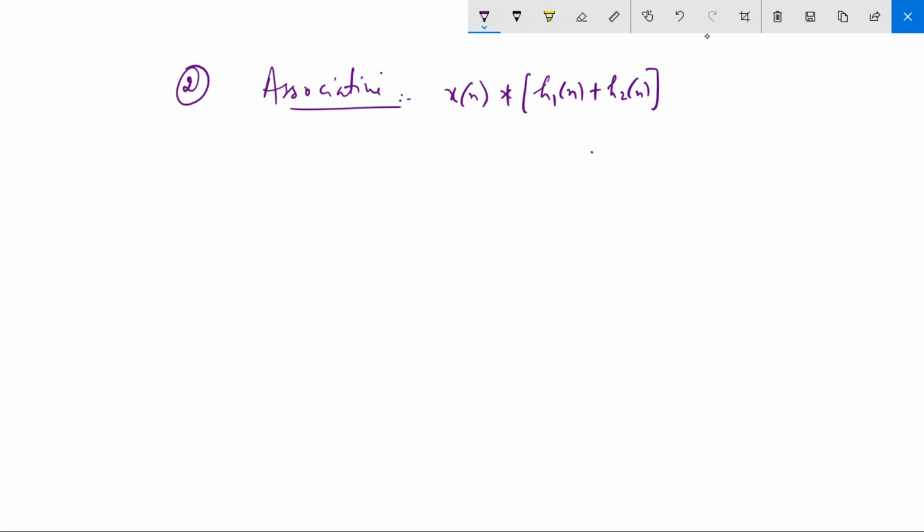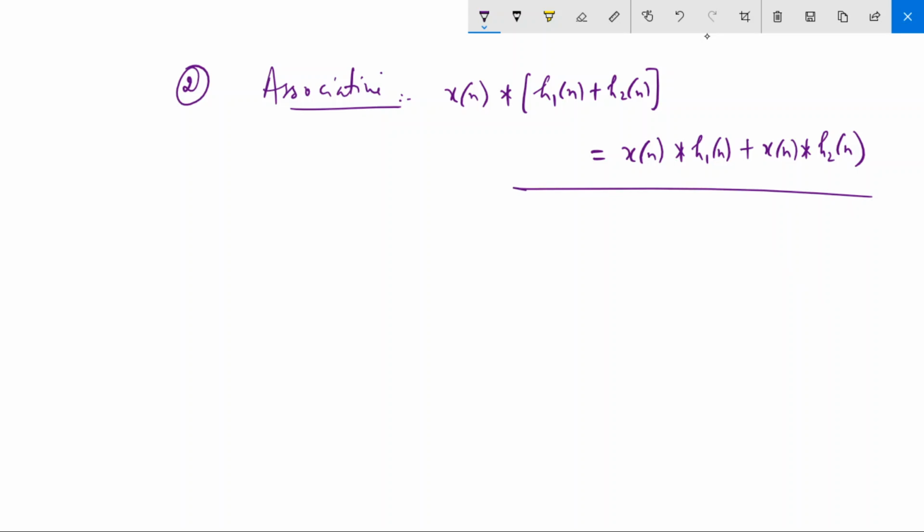Then the second property is associative. By the associative property, we mean that the convolution of x[n] with h1[n] plus h2[n] is equal to x[n] convolved with h1[n] plus x[n] convolved with h2[n].